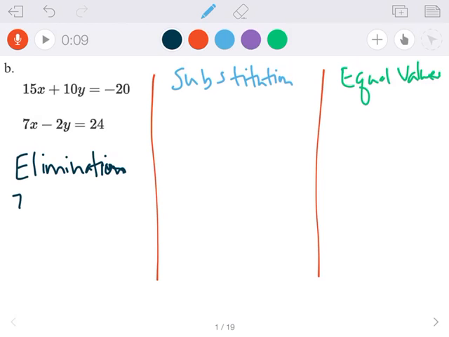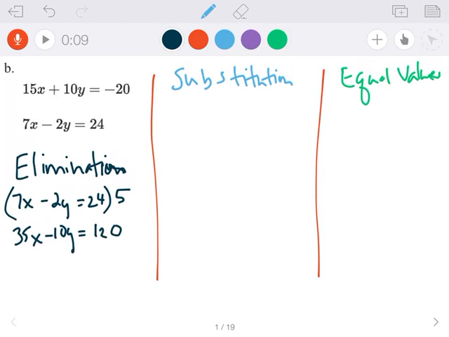I'm going to take the 7x minus 2y equals 24. I'm going to multiply that whole thing by 5. 24 times 5, I believe, is 120. And then I'm going to take, so that was equation 2, I'm going to take the first equation and write it right underneath it.